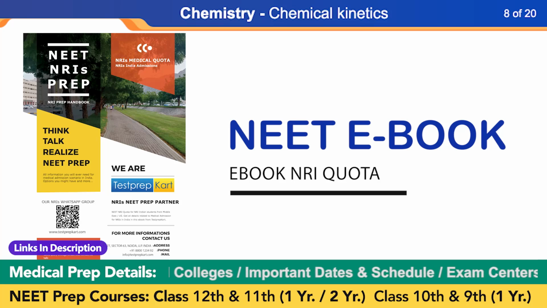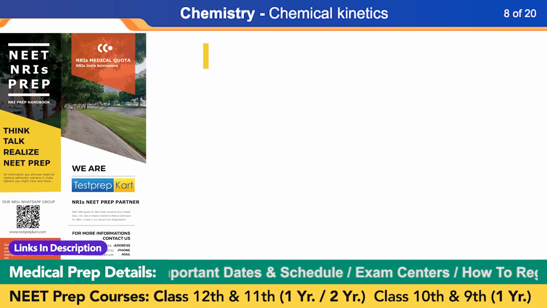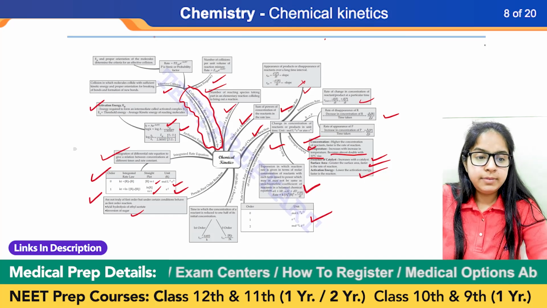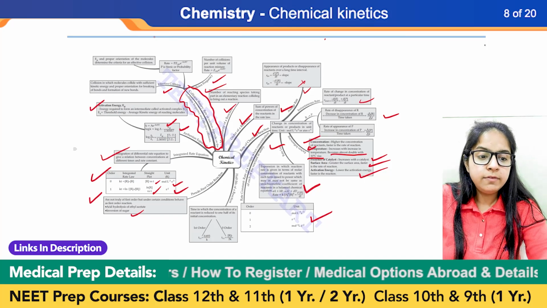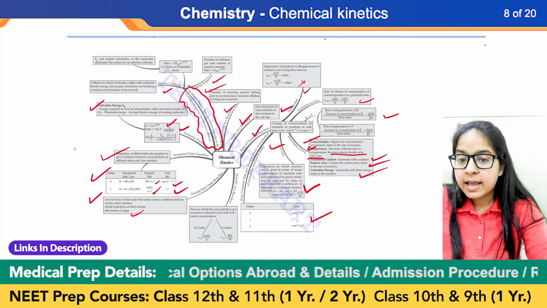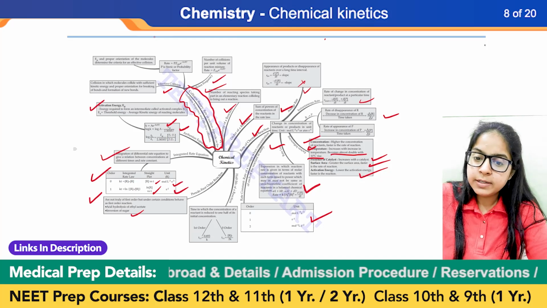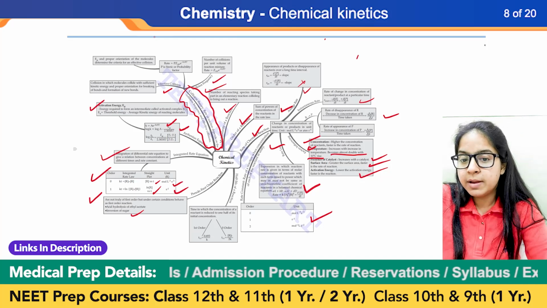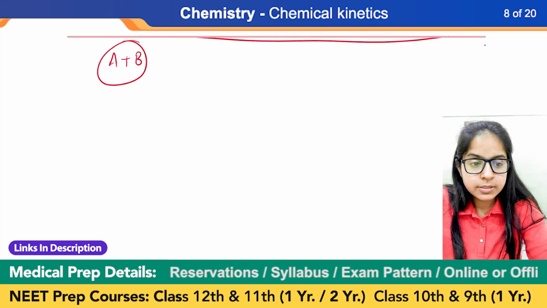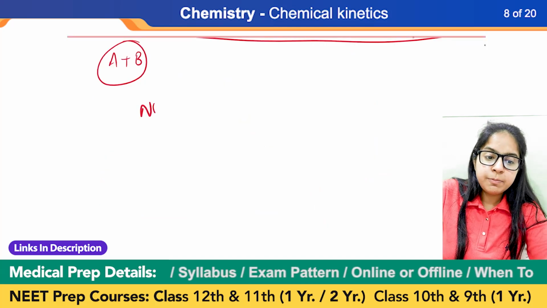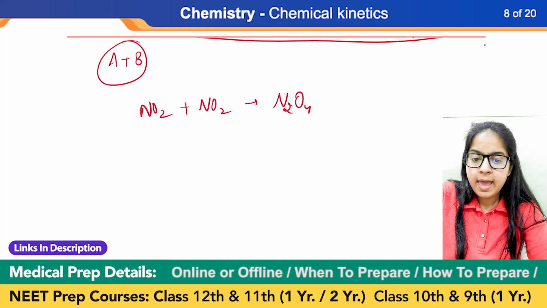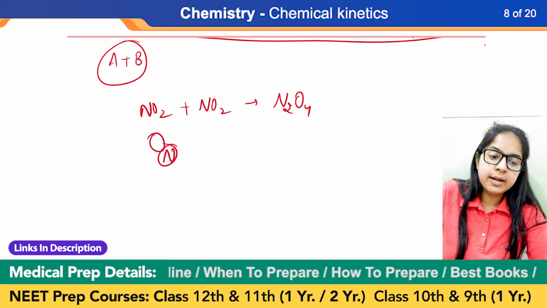And the next one is effective collision. Now, what is an effective collision? Effective collision means when two molecules collide with sufficient kinetic energy and the proper orientation. So kinetic energy is a factor and orientation is also a factor. Suppose NO2 reacts to give N2O4.